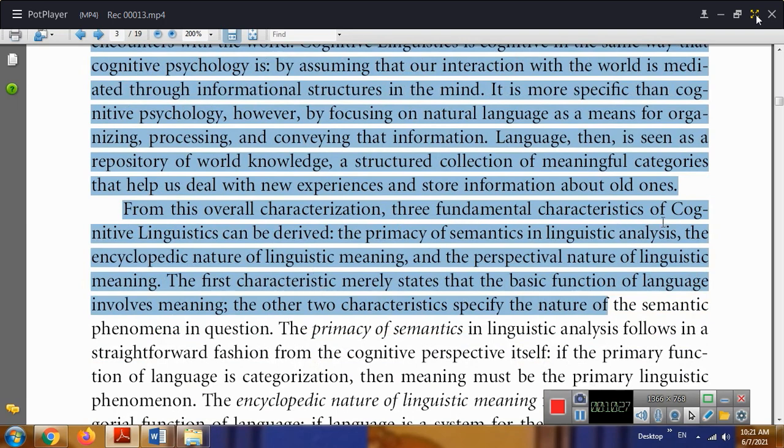From this overall characterization, three fundamental characteristics of cognitive linguistics can be derived: the primacy of semantics in linguistic analysis, the encyclopedic nature of linguistic meaning, and the perspectival nature of linguistic meaning.